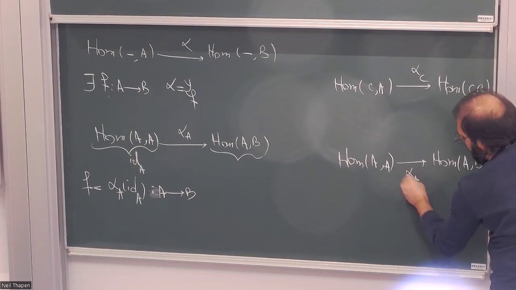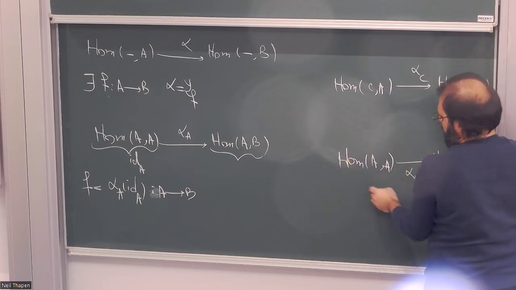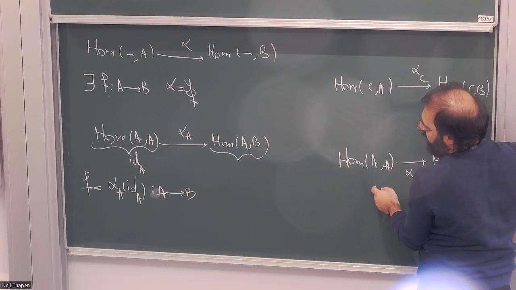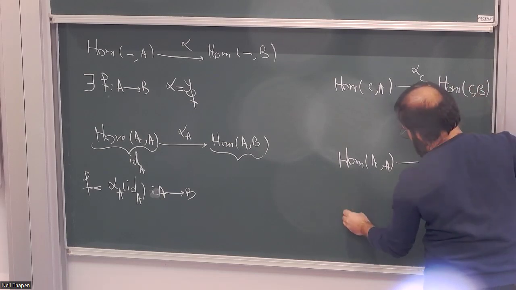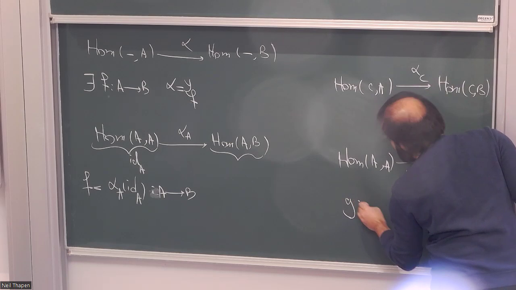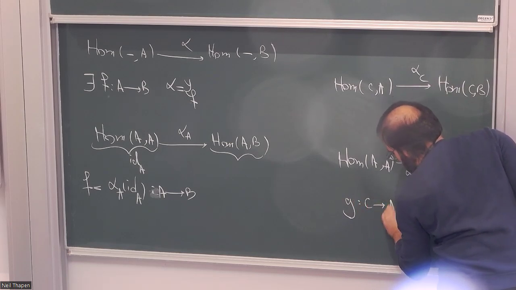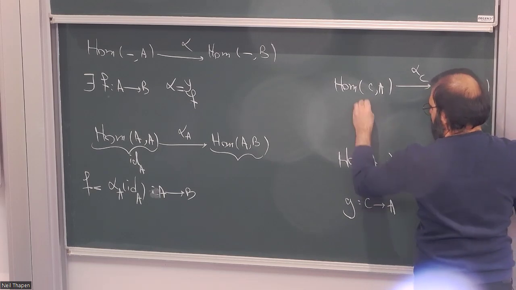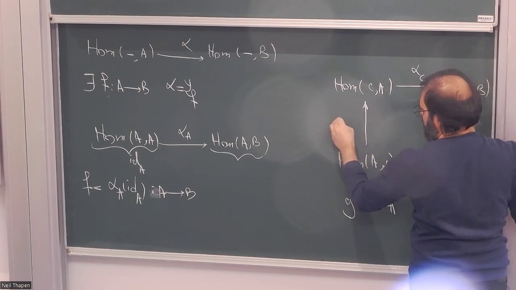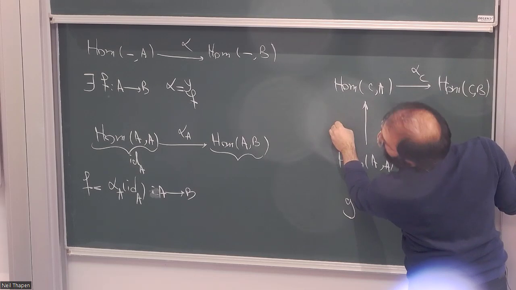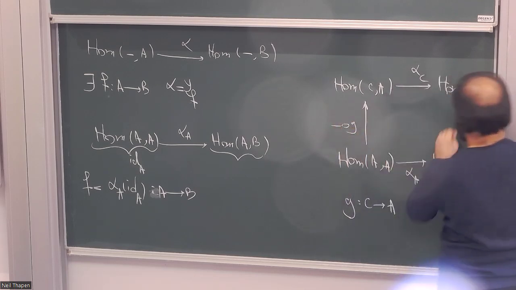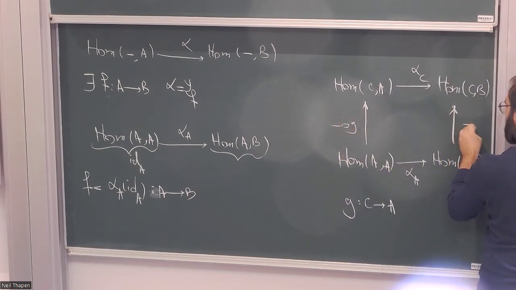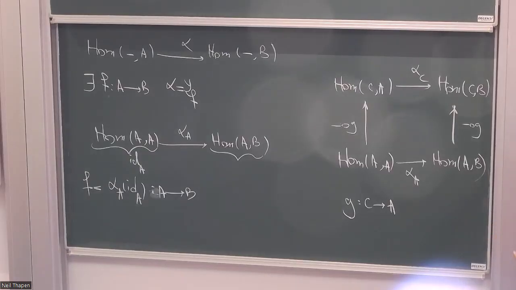You have alpha A, and so let's say you have G from C to A. The naturality says simply that you have composition with G. This is just the naturality of alpha, right?